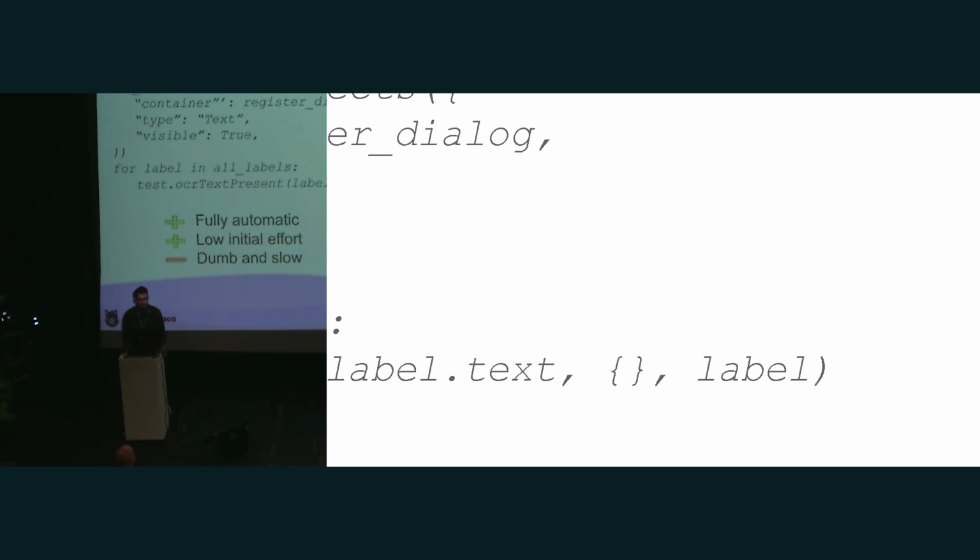For every object, we grab the text property, use it as an input for the OCR engine, and then we ask the engine to check if this text is displayed in the place where it should be displayed. If the text is truncated, we will get a failure. If the text is covered by another element, we would also get a failure.